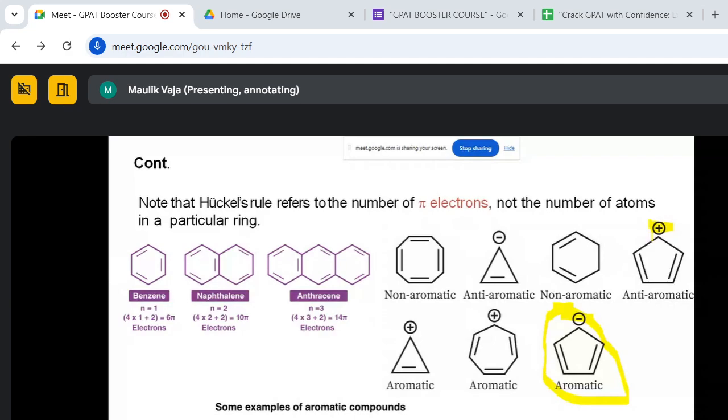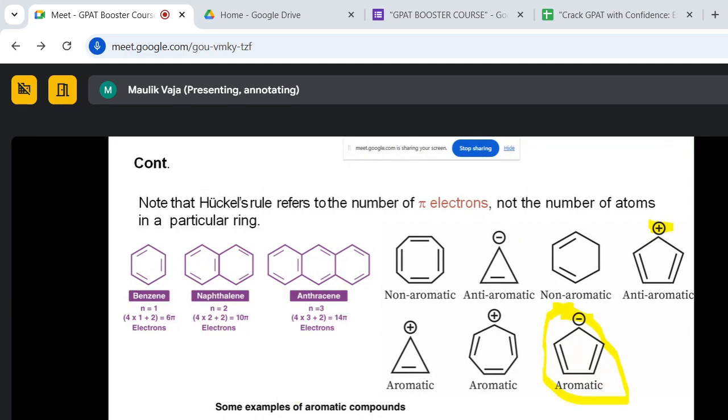So two things are there. The compound will become non-planar, and it will not have conjugation. So no conjugation and non-planar. Two requirements it will not follow, and that's why it will become a non-aromatic compound.